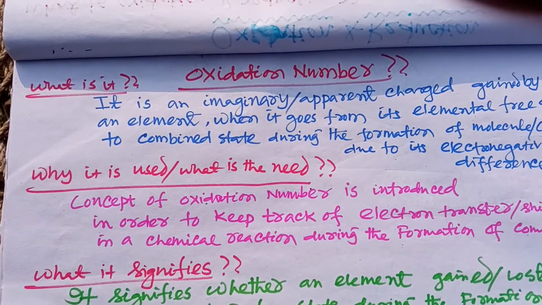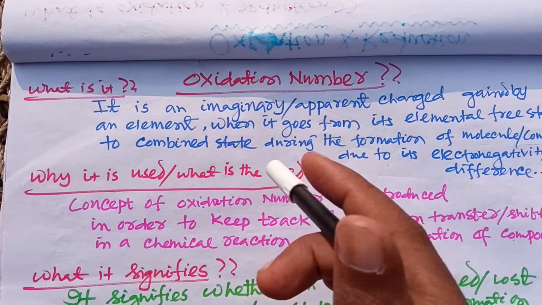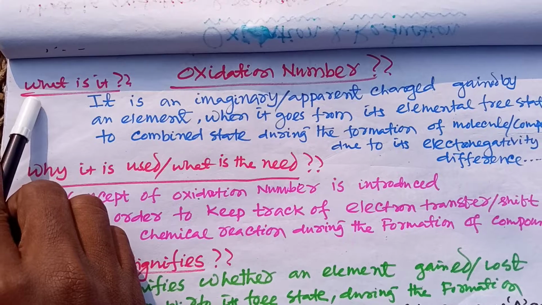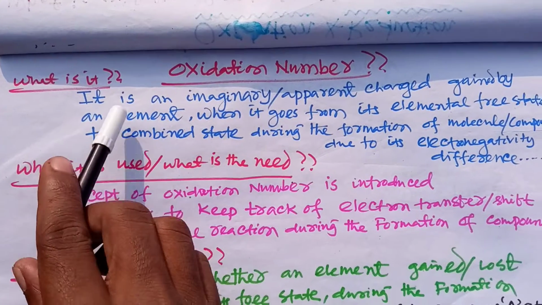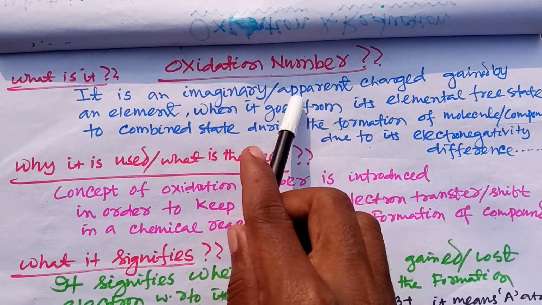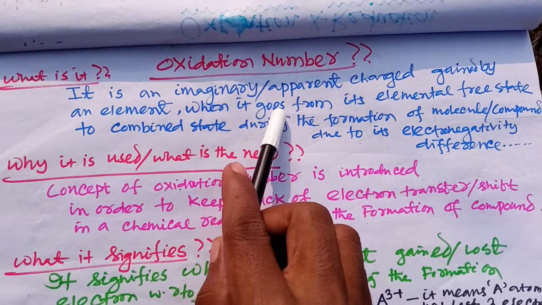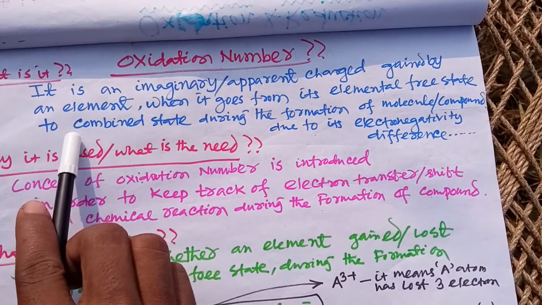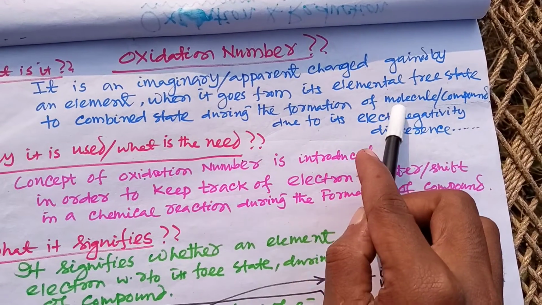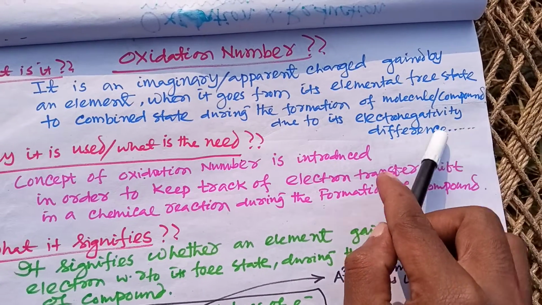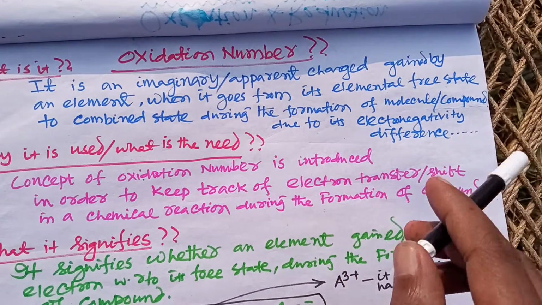So let's see about the oxidation number. So what exactly is an oxidation number? It is nothing but an imaginary or apparent charge gained by an element when it goes from its elemental free state to a combined state during the formation of a molecule or compound due to its electronegativity difference.